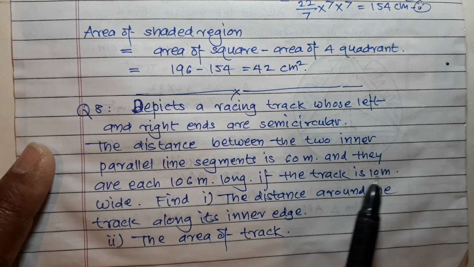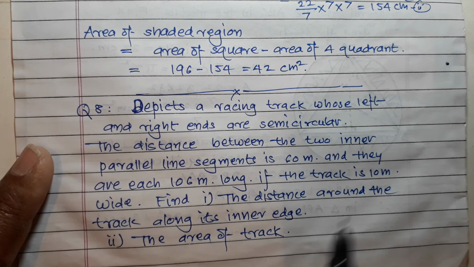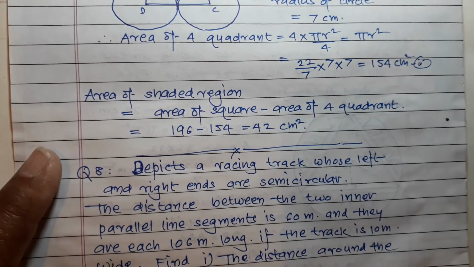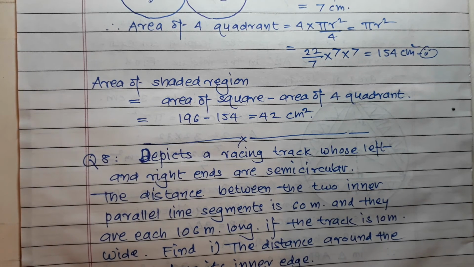If the track is 10 meter wide, find 1, the distance around the track along its inner side, and number 2, the area of the track. Now I will explain the answer of this question in the next video.